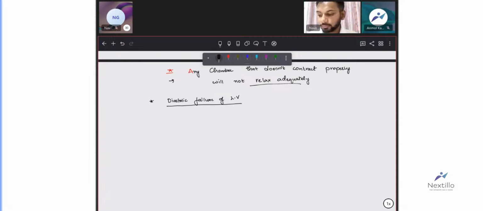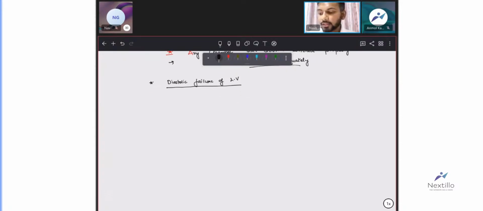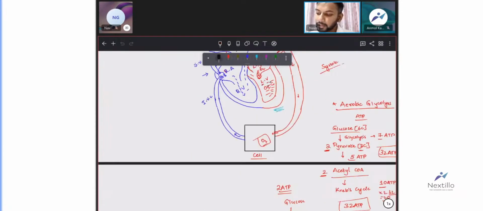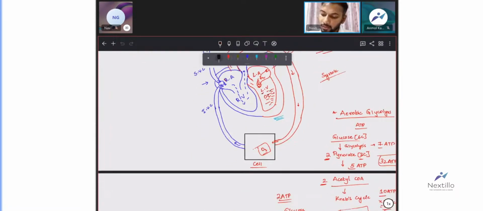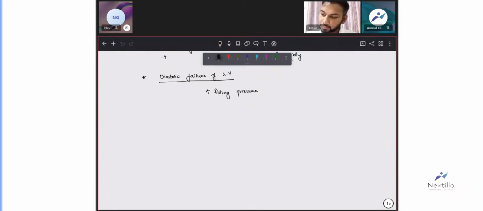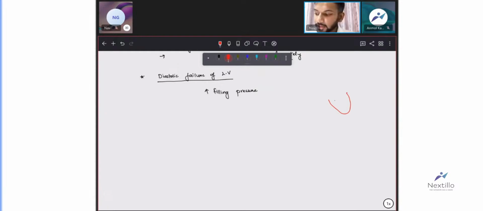Why? Because of an increase of something known as filling pressure. How? I'll tell you. Imagine this is an LV. If it is not contracting properly, there is blood left in the LV even after the end of systole.